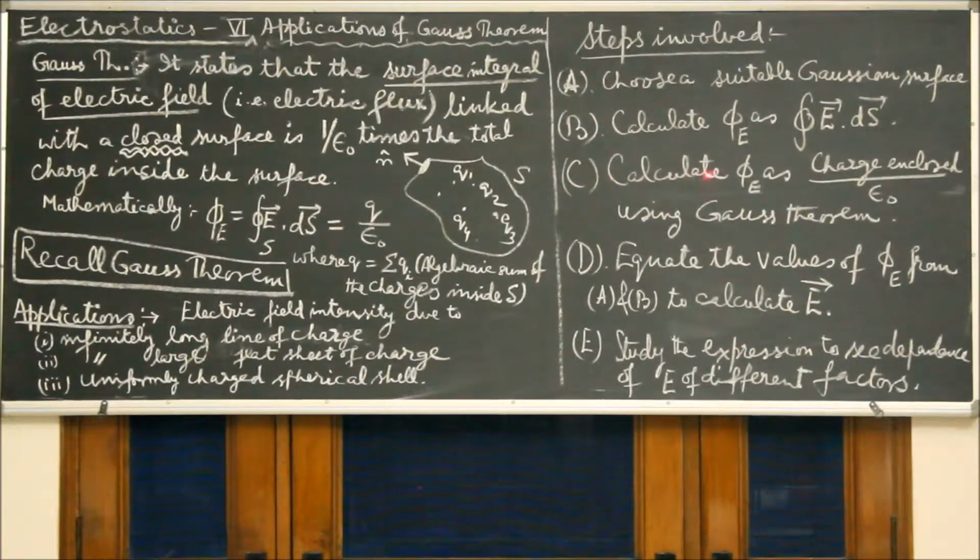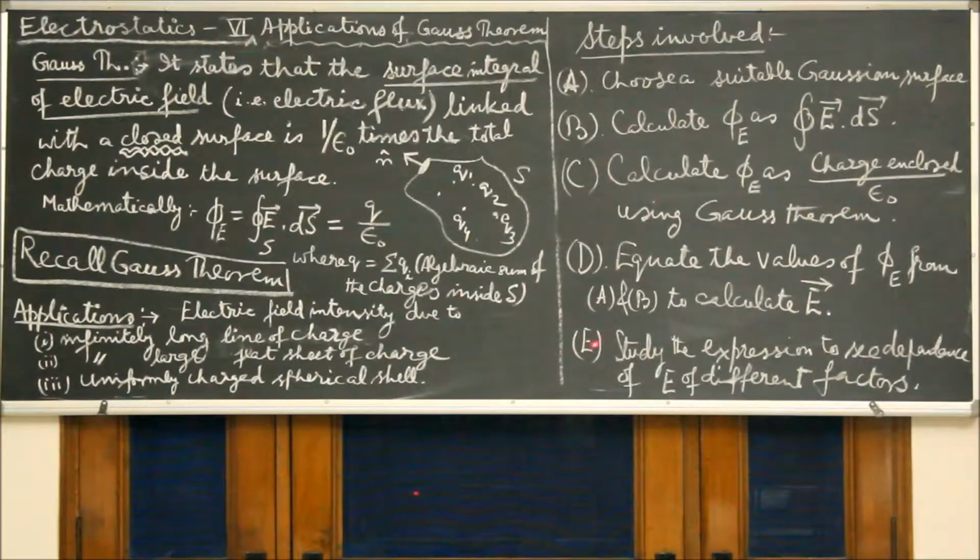Next we calculate the electric flux by Gauss theorem, that is 1 over epsilon naught into the charge enclosed inside the Gaussian surface. We get two expressions for electric flux from step B and step C. Here we equate the values of phi E from the two steps, and that will give us the expression for the electric field.